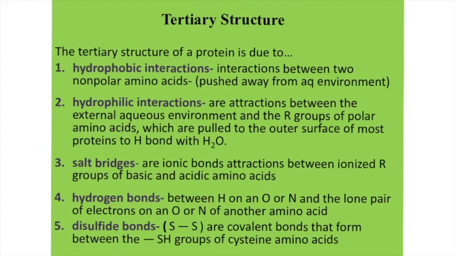Hydrogen bonds occur between a hydrogen that's on a very electronegative atom, such as oxygen and nitrogen, and the lone pair of electrons on a nearby oxygen or nitrogen of another amino acid. And then we also have disulfide bonds. Disulfide bonds are the only covalent interaction that's involved in the tertiary structure. They form between two sulfur groups that are part of cysteines on two different amino acids.